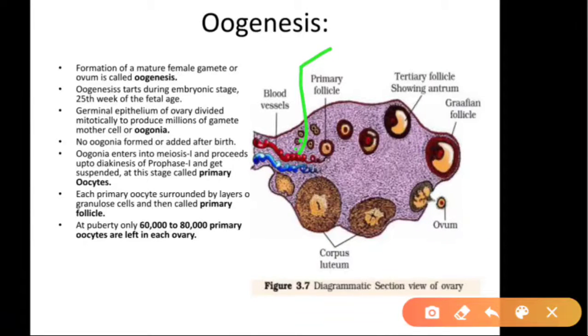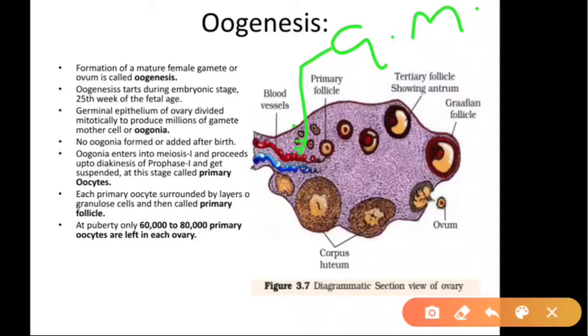So you can see here are the gamete mother cells, before the formation of ovum. They are also called oogonia. No new oogonia are added after birth. It is a very, very important point. They are not produced after birth. That means all oogonia are produced before birth.